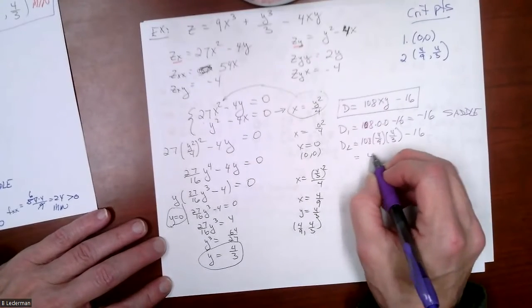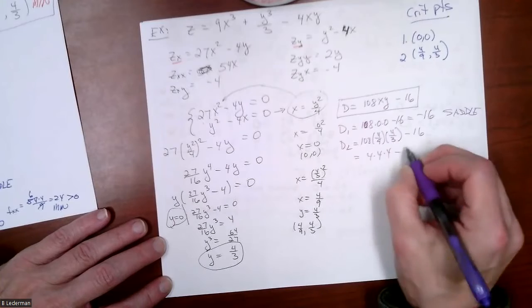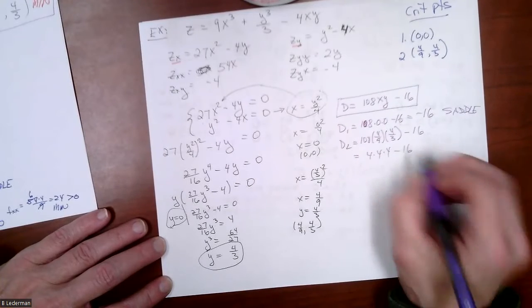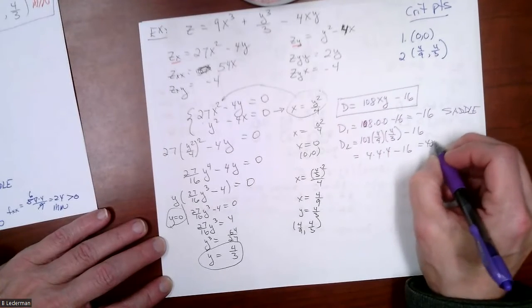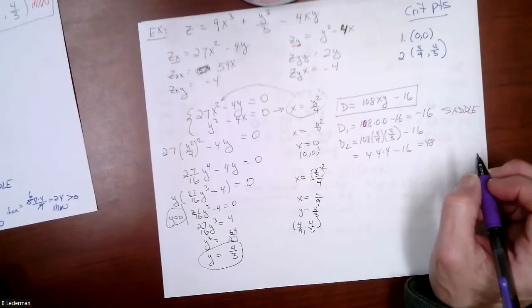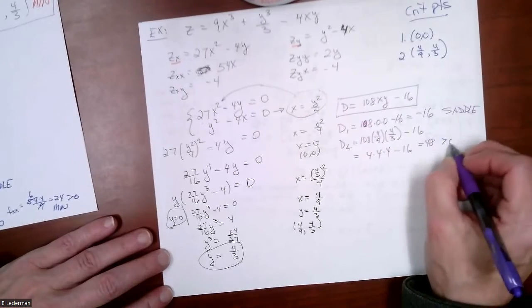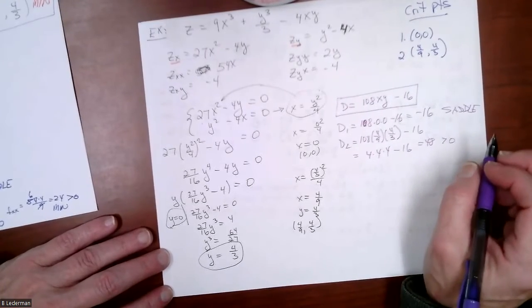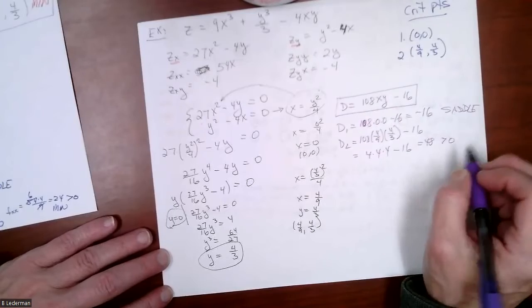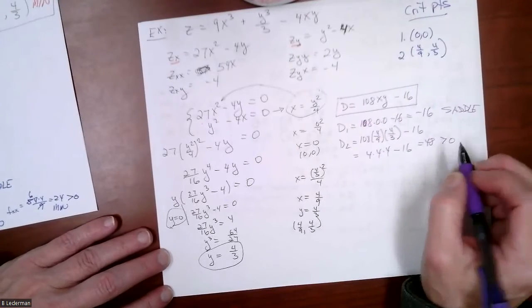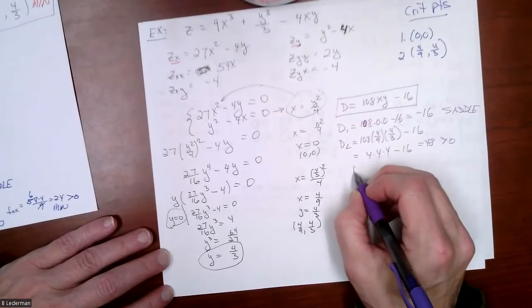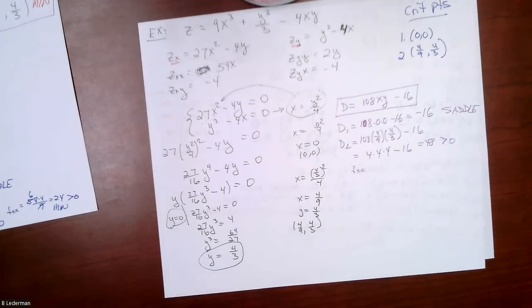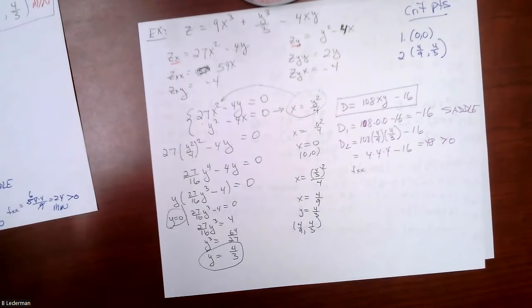So this is equal to 4 times 4 times 4 minus 16. That's 64 minus 16, which is 48, which is positive. Because it's positive, I have to look at fxx. Since it's positive, I know it's either a max or a min, but I've got to find which one.